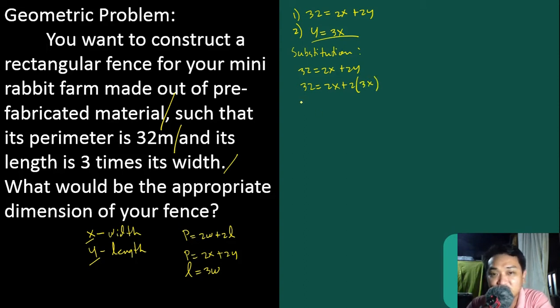So that is the same as 32 is equivalent to 2x plus 2 times 3 is 6x. 32 is equivalent to 2x plus 6x, which is actually 8x, and let us divide both sides by 8.